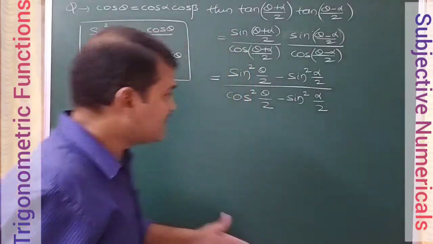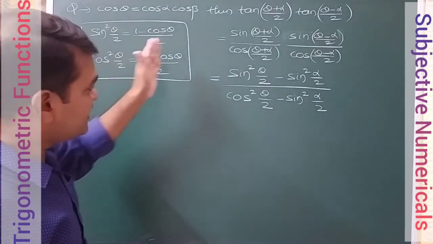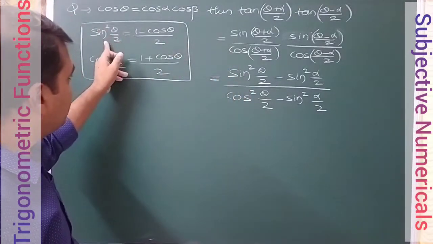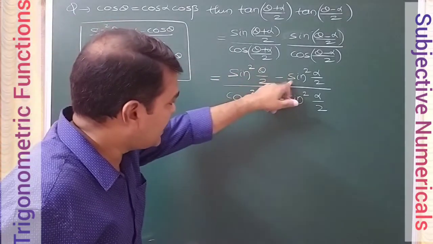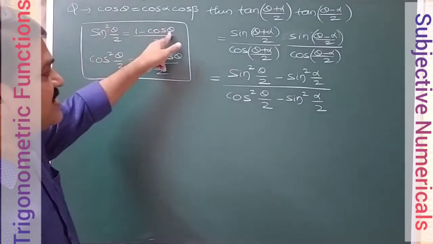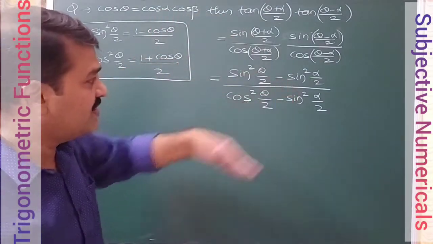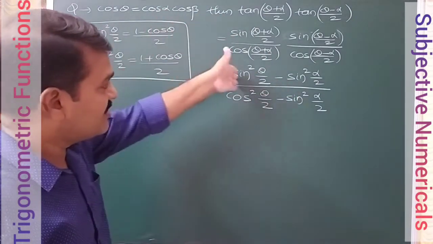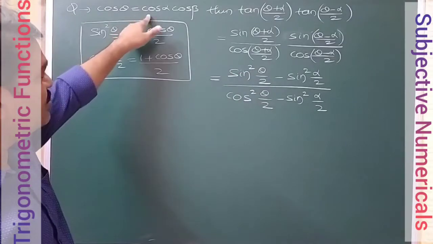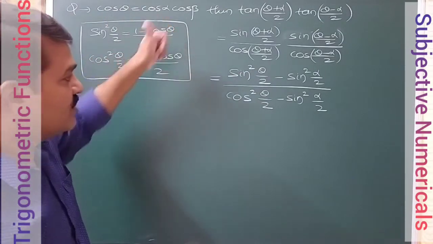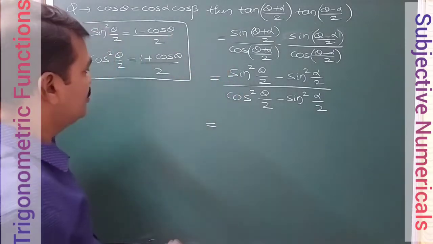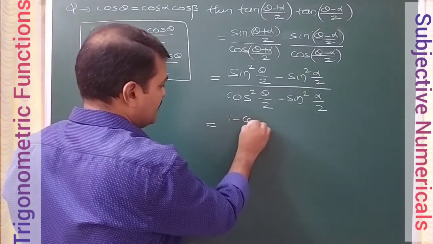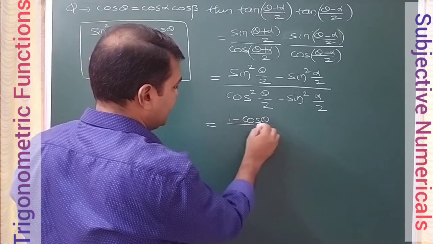We will use these formulas such that sin squared theta by 2 can be expressed in terms of cos theta, and sin square alpha by 2 can also be expressed in terms of cos alpha. When we express in terms of cos theta and cos alpha, we can use the given condition. So for sin square theta by 2, use this formula: 1 minus cos theta by 2.